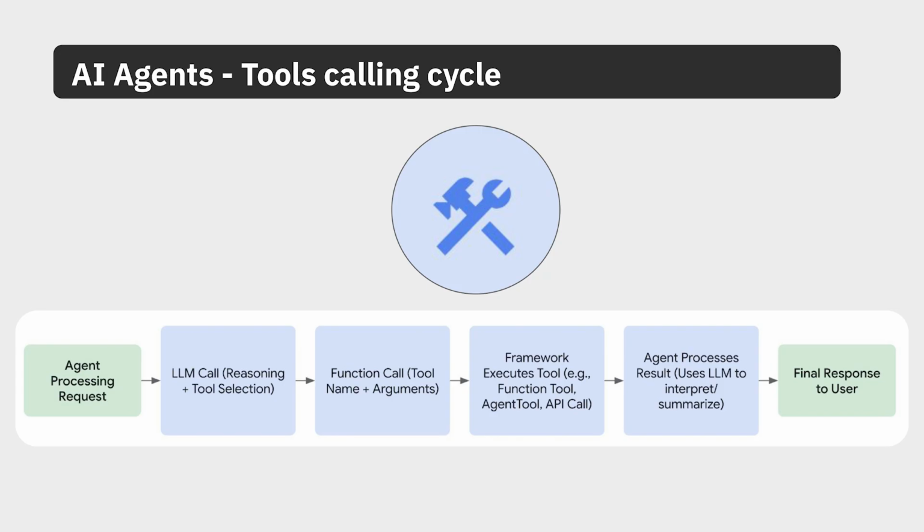Instead of answering right away, it will reason and think: for this question, what tool should I use to answer the user? Then it will run the tool, and after it gets the response from the tool, it will use that data to summarize a final answer to the user.